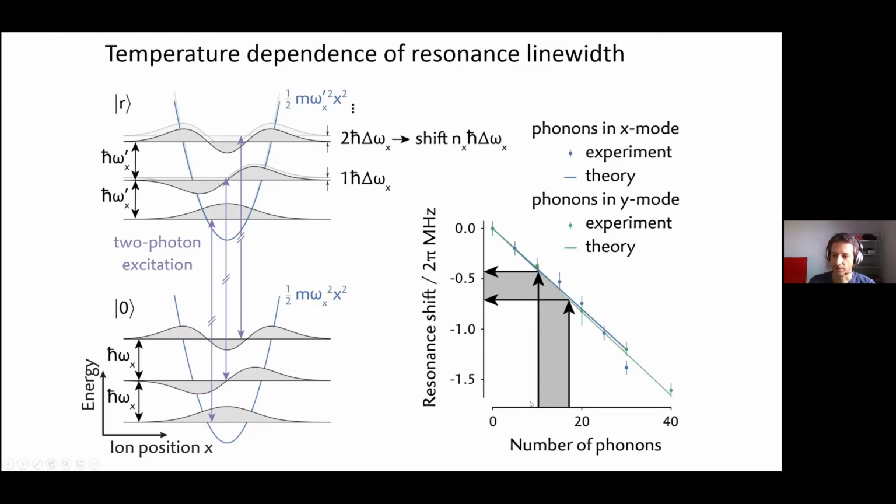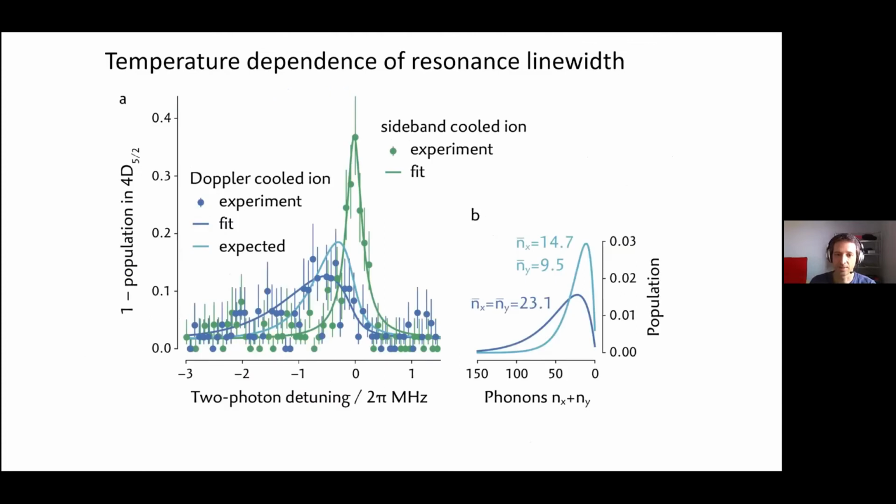So with a thermal population you get a distribution of resonance frequencies, which means a broadening of your line. If you have a sideband cooled ion with most of the population in the ground state, you get a narrow line. But if you have a thermal state just after Doppler cooling, you will see a broadened line that is consistent with this broadening due to the energy shift.